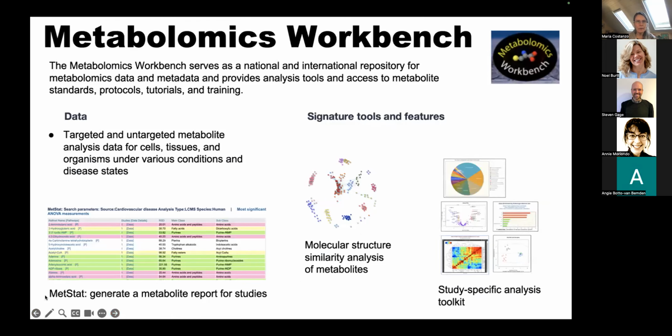For example, with this MetStat tool, you can take a study and generate a report of the metabolites that are in it, and they're color coded by the type of metabolite, and their abundance and so forth is in this table as well. You can take the results of one study and look at it in many different types of visualization. They also have a tool where you can take a set of metabolites and see how their structures compare to each other and which are most similar to each other in terms of structure.